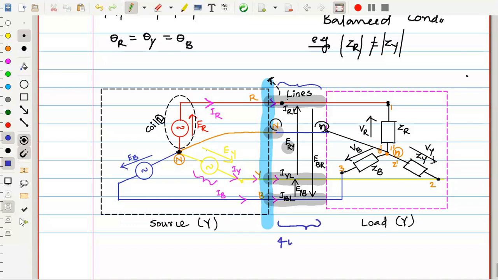Four wires are there. So this we call a four wire system. What are the four wires? R phase line, Y phase line, B phase line, and neutral line. And here the neutral does not have any impedance. This condition is also emphasized.